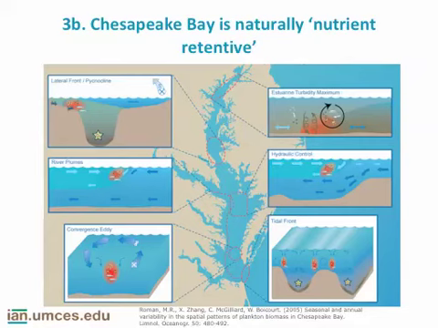The hydraulic control down in the middle of the bay, near the mouth of the Potomac, is where there's a bathymetry change in the bay, which causes a front to develop, and pretty routinely this front sets up and creates these hotspots for productivity.